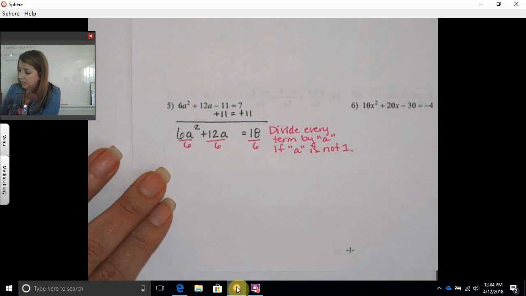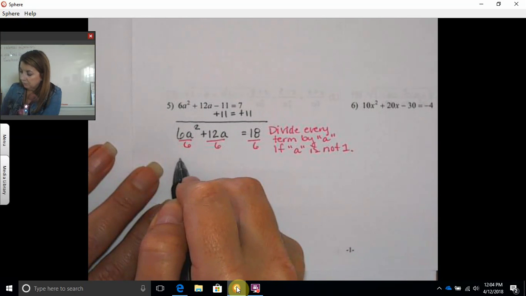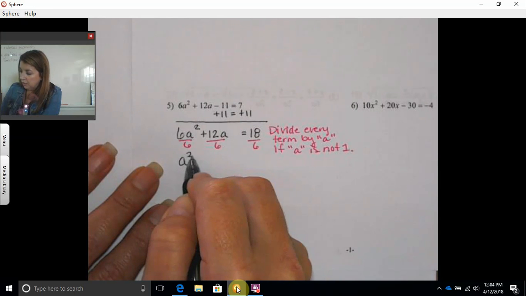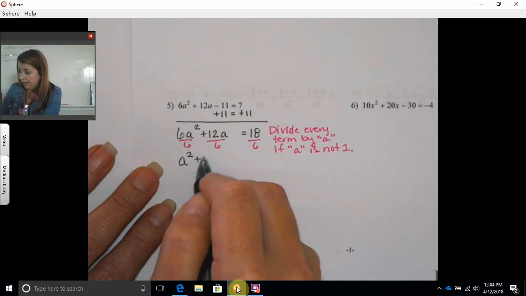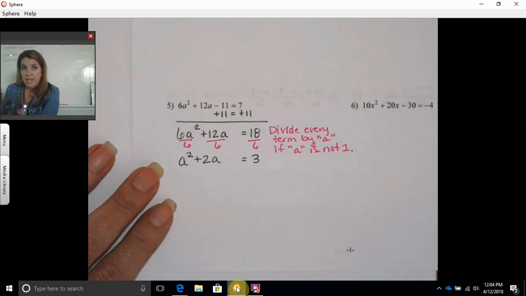So 6a squared divided by 6 is a squared plus 2a equals 3. So a is 1, and our constants are on the right.